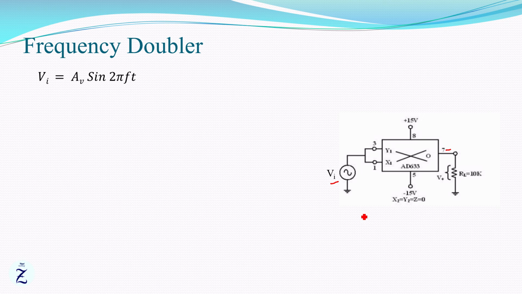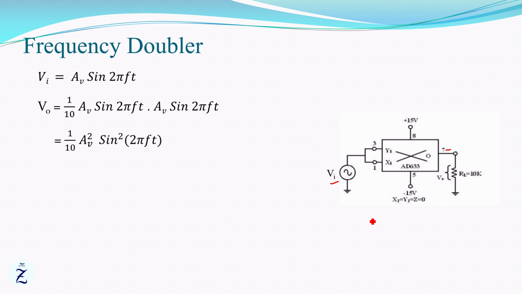Suppose the input Vi is equal to some AV into sine 2 pi ft, then the output Vo will be equal to 1 by 10 into AV sine 2 pi ft into AV into sine 2 pi ft. Hence it will be equal to AV square divided by 10 into sine square 2 pi ft.